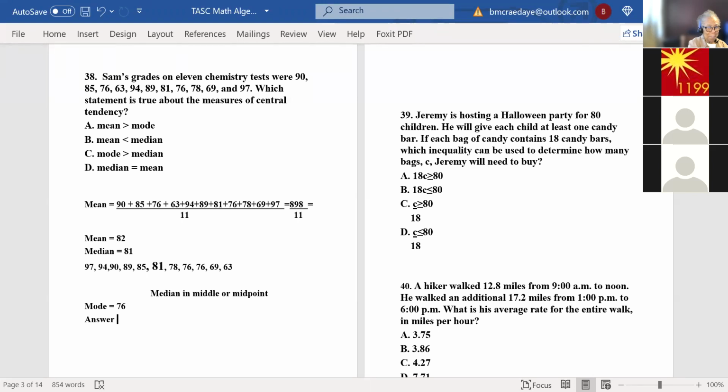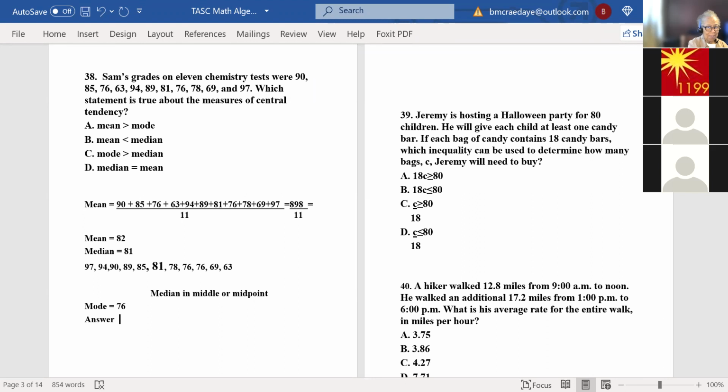What would you say, Vanessa? Not A, because the mean is 82, the median is 81, the mode is 76. So the mean is greater than the mode.